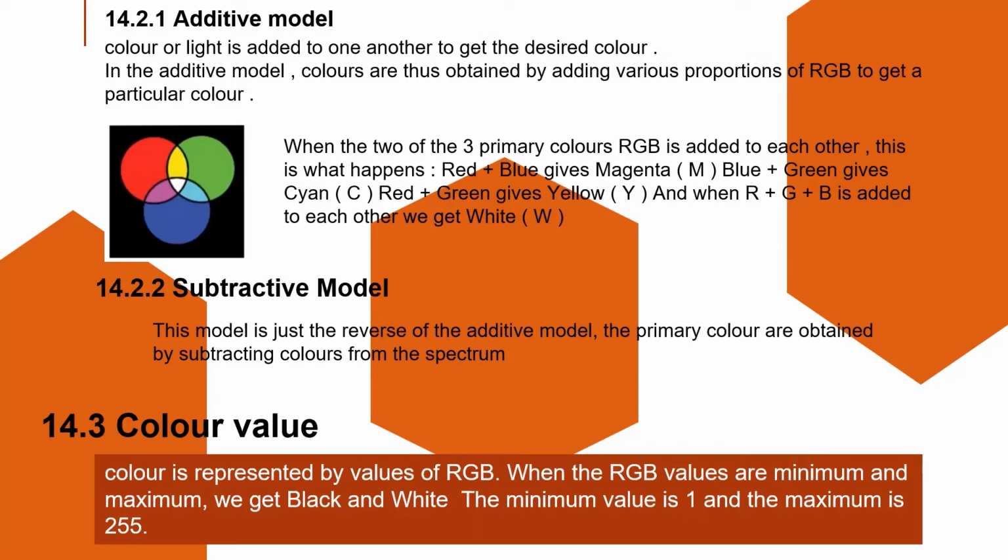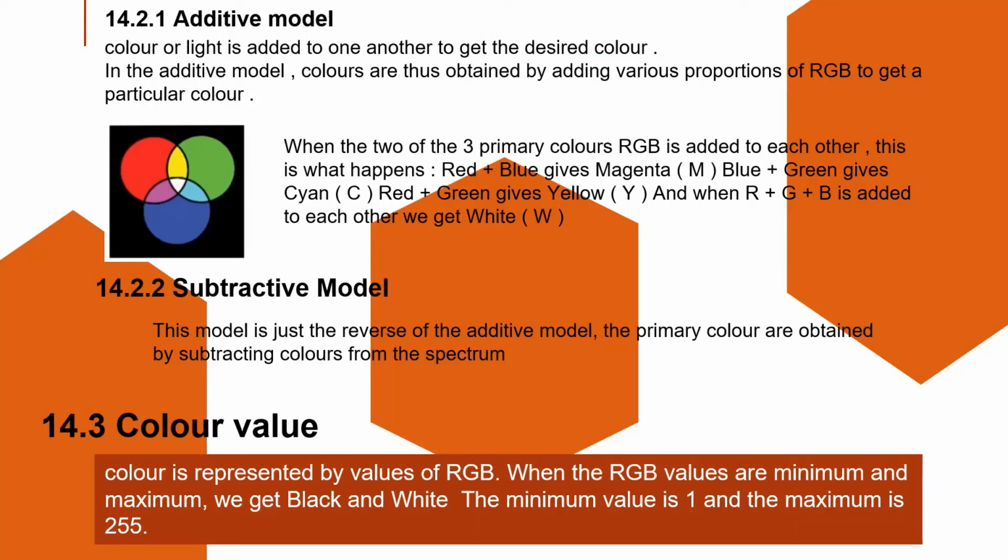When two of the three primary colors, red, green, blue, are added to each other, this is what happens. Red plus blue gives magenta, blue plus green gives cyan, red plus green gives yellow, and when red, green, and blue are added to each other, we get white.